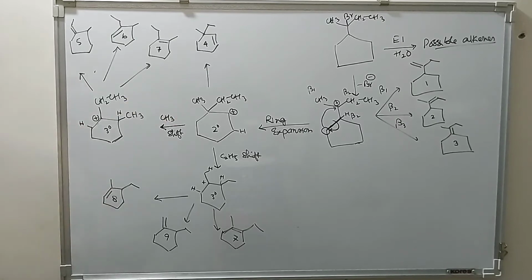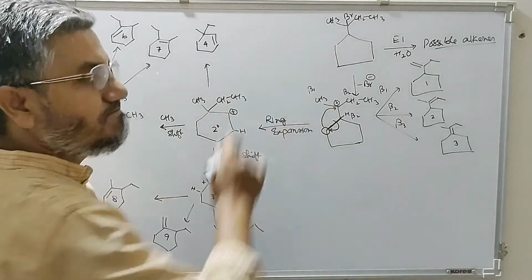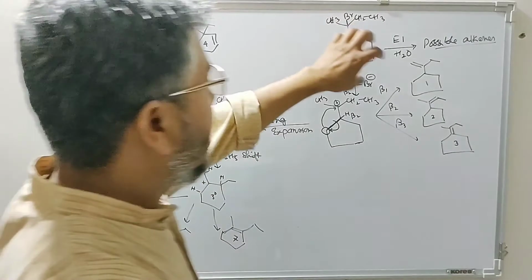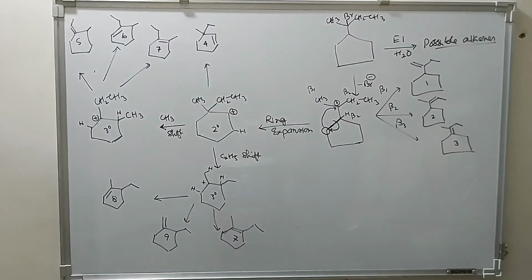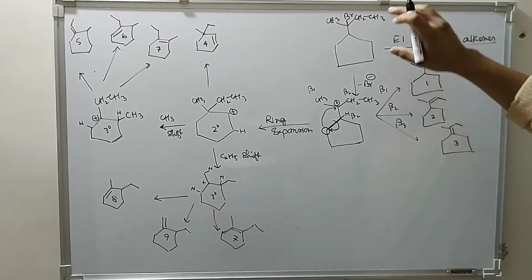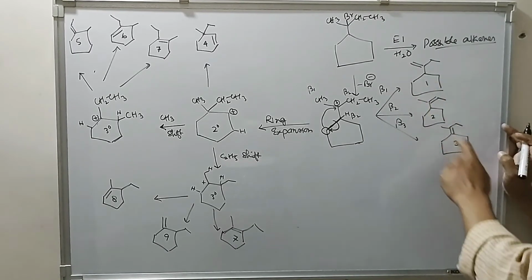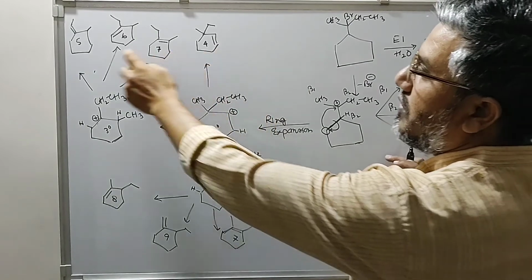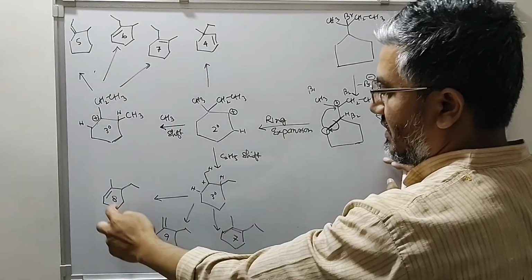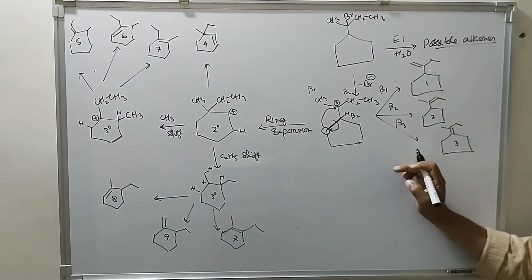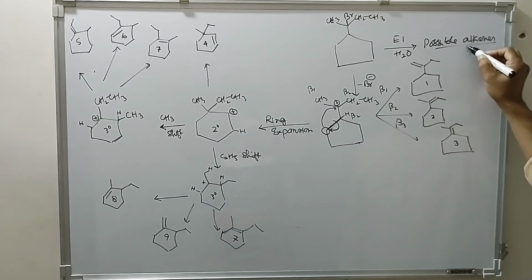So this alkyl halide, on undergoing E1 reaction, 9 possible alkenes will be formed. These are the 9 possible alkenes: 1, 2, 3, 4, 5, 6, 7, 8, 9.